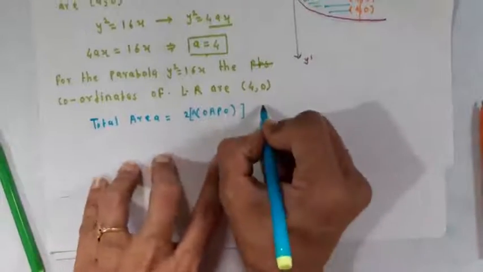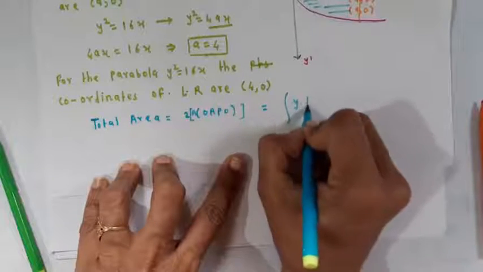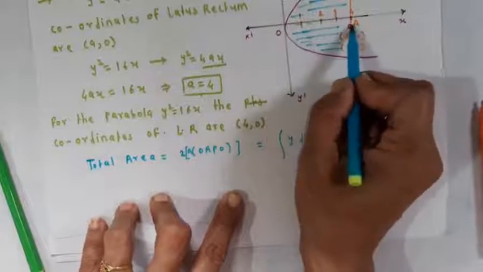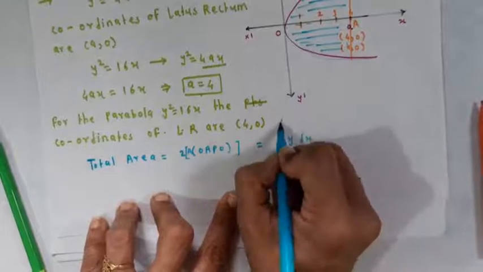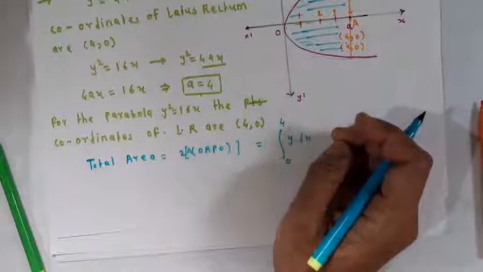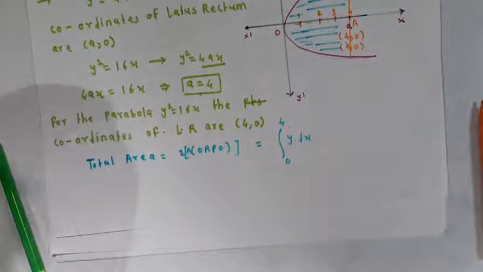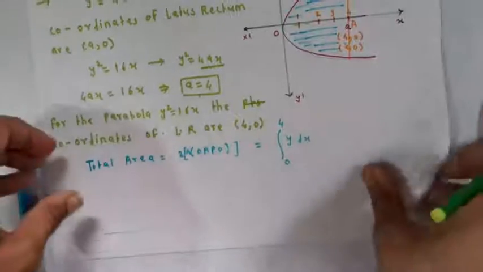Here this area equals the integration of y with respect to x, with limits of integration 0 to a. A is 4, so 0 to 4. What is the y function?